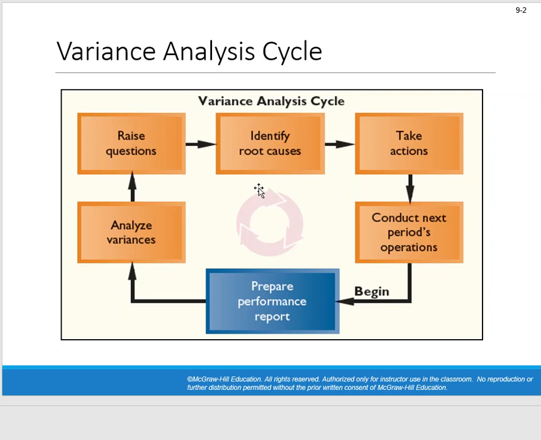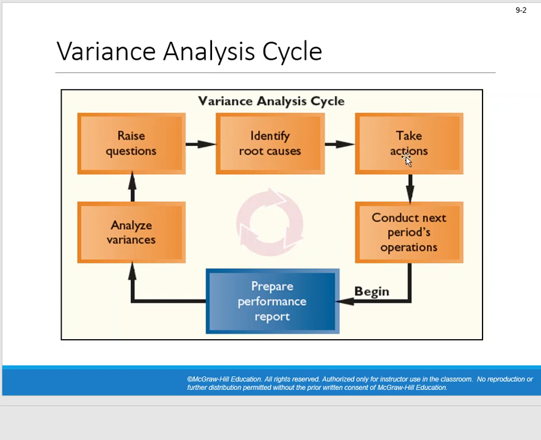We want to identify root causes. And notice they say identify root causes. They don't say blame anyone, but essentially we need to get to the root of what happened and come up with a solution to fix it. Or we need to consider changing our budget. Maybe there's a problem that we need to address there.